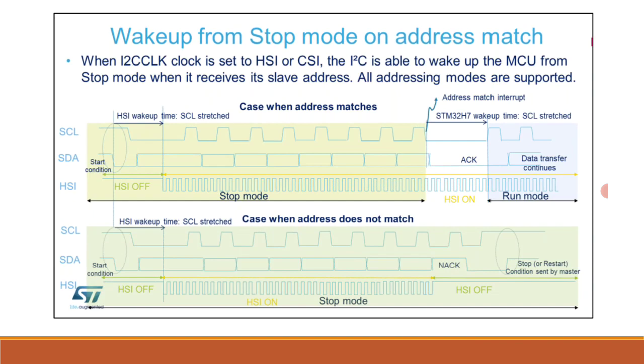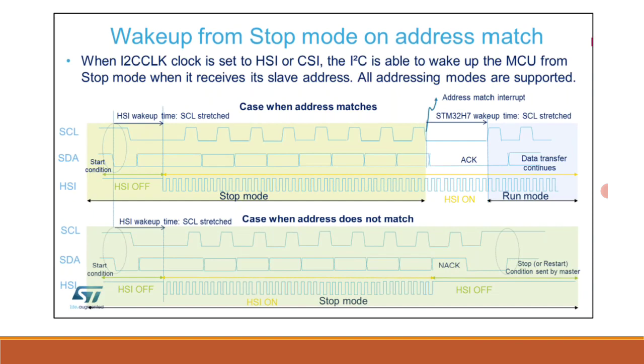When the device is in stop mode, the high speed internal oscillator is switched off. When a start condition is detected, the I2C peripheral enables the high speed internal oscillator, which is used to receive the address on the bus. After an address is received in stop mode, a wake up interrupt is generated if the address matches the programmed slave address.